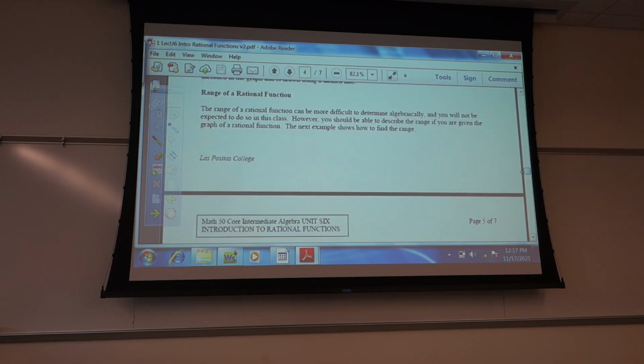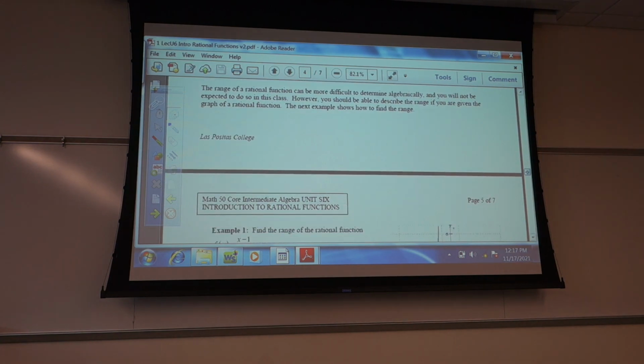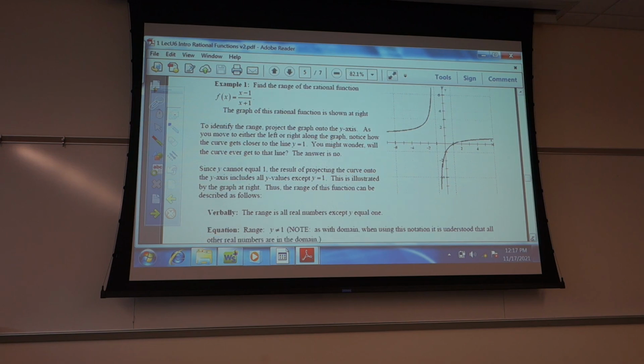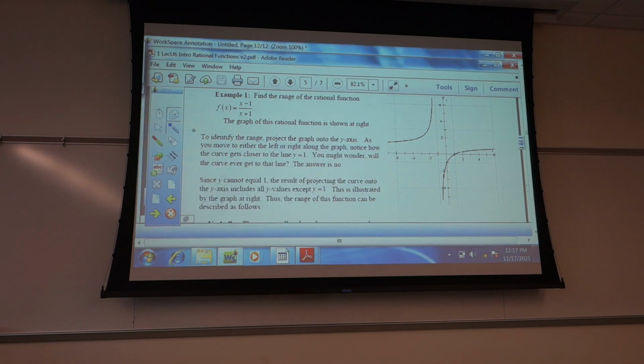Perfect. Range. The range is a lot more difficult. We're not going to deal with ranges in this class unless it's a graph. I might actually give it to you as a graph. So here, find the range. The range is my y's. What's the furthest down it goes?